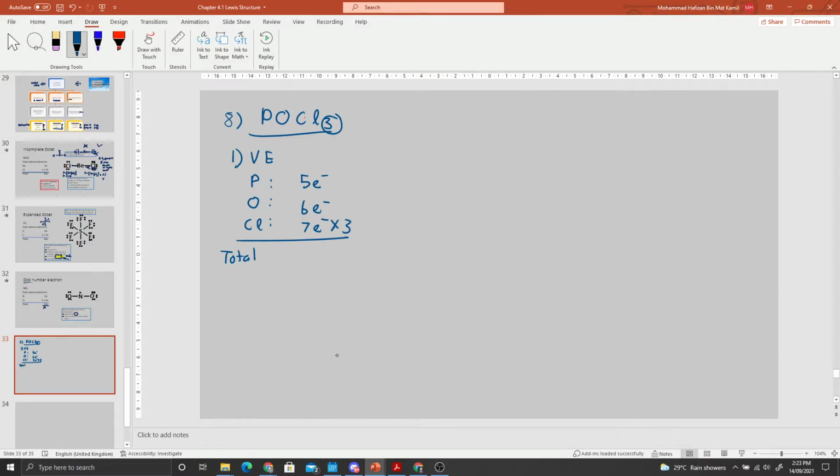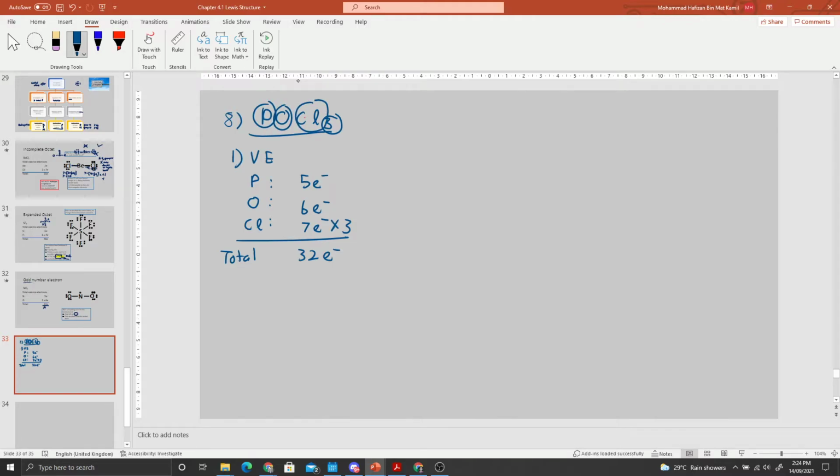So 5 tambah 6 tambah 7 adalah 32 electrons. Betul kan saya kira 32 electrons, dapat 32. Yes, sir. Okay, now kita tengok phosphorus, oxygen and chlorine.